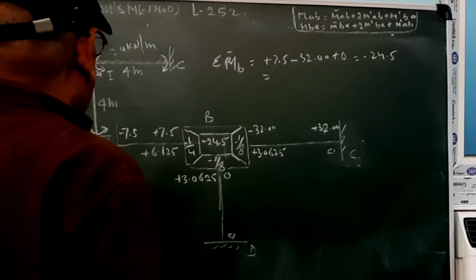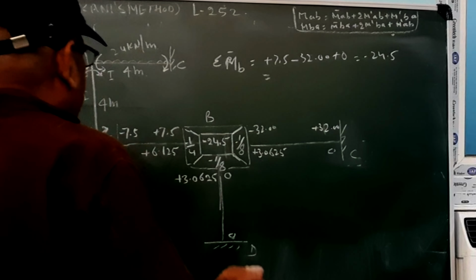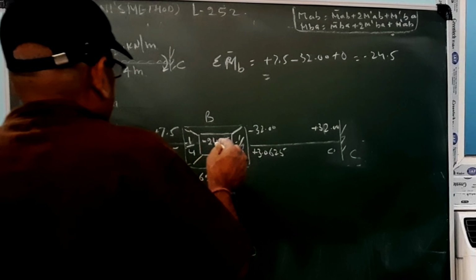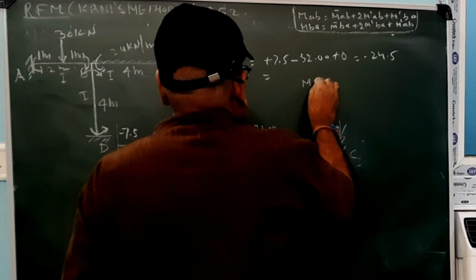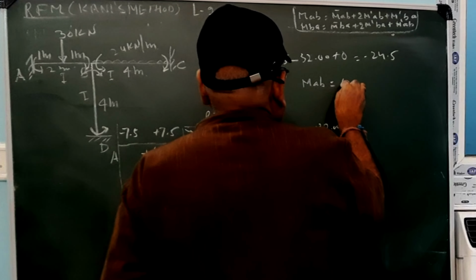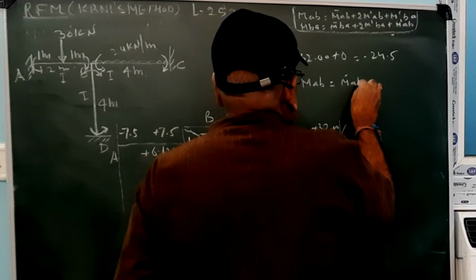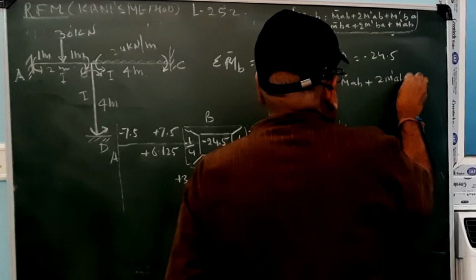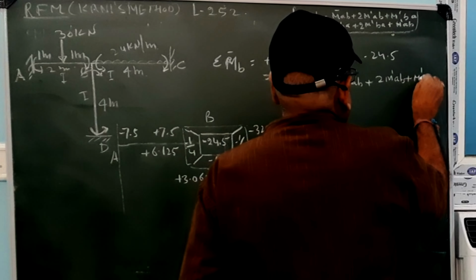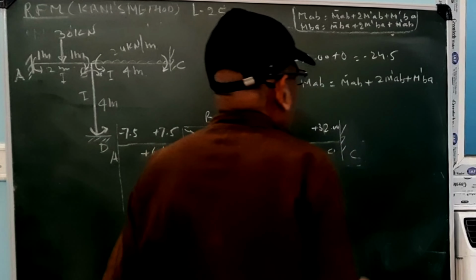So we'll go for joint B. M AB equals M bar AB plus 2 times M dash AB plus M dash BA. This will be the value.